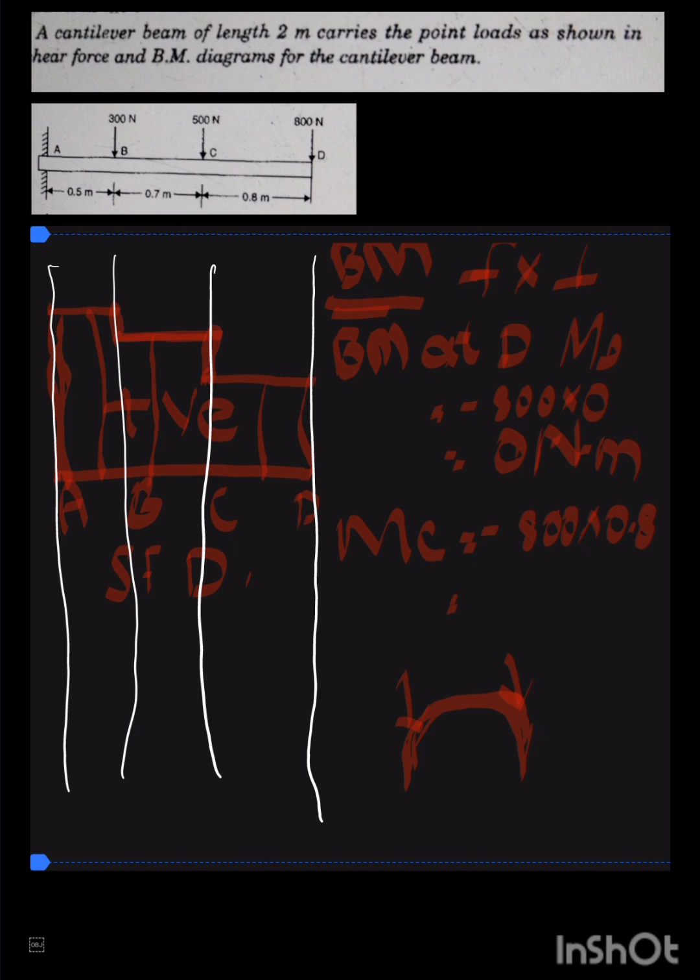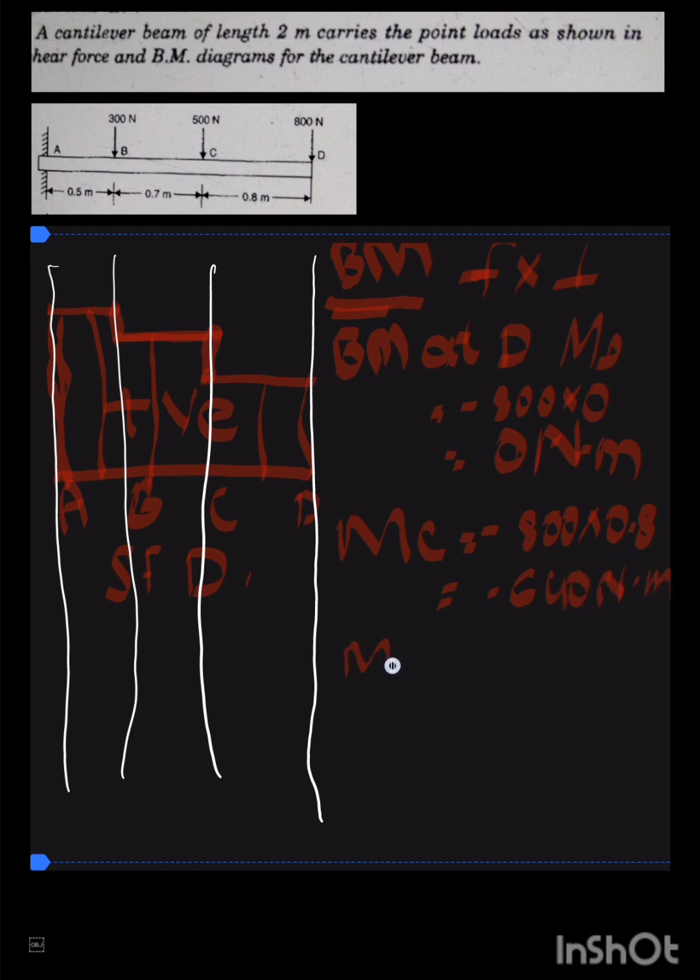Before, we discussed that if we get a sad face, the symbol we use is minus. A happy or smiley face means we use positive. This is hogging, and this is sagging. See, what is the answer? Minus 640 newton meter.